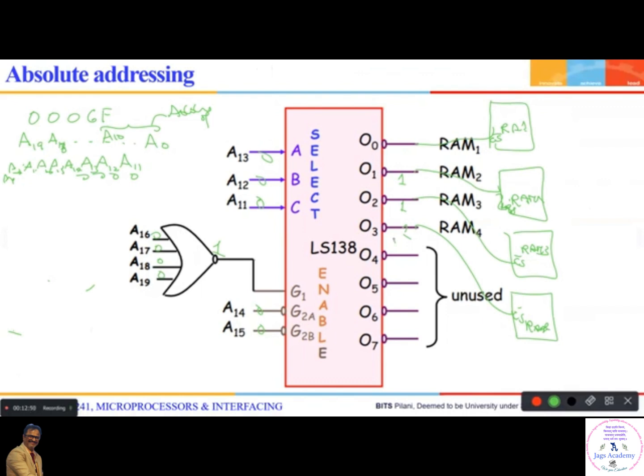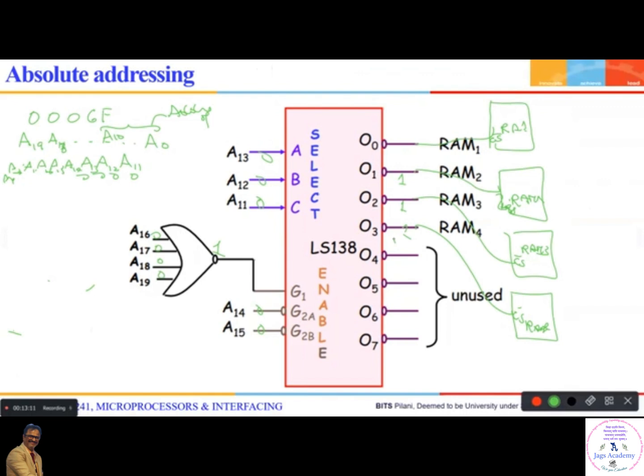So this is the way you can design an address decoder logic for the 8088 microprocessor. Whatever you are designing here is for the 8088 microprocessor, because the memory you have here is byte addressable.